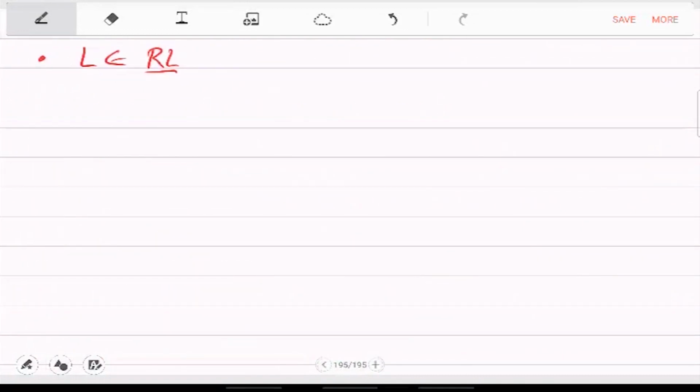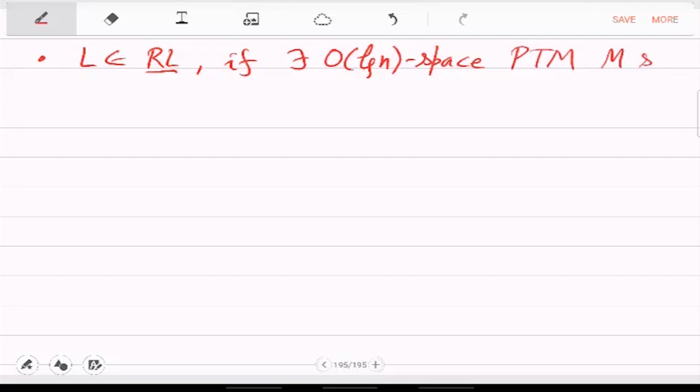That's RL. So L is in RL if again there exists an order log n space probabilistic Turing machine M such that for all input x, there are two conditions.